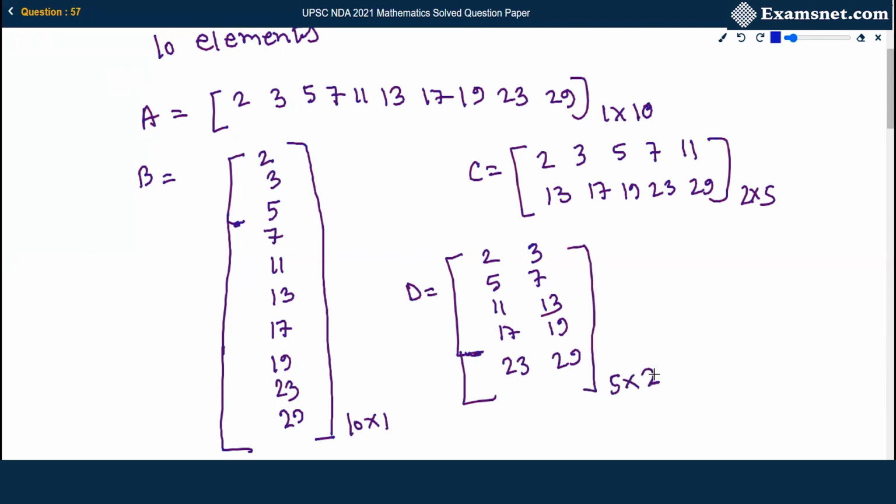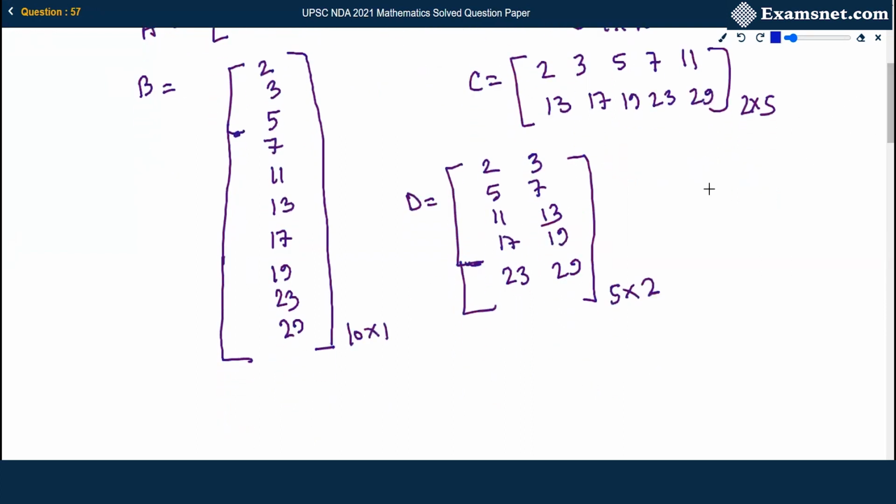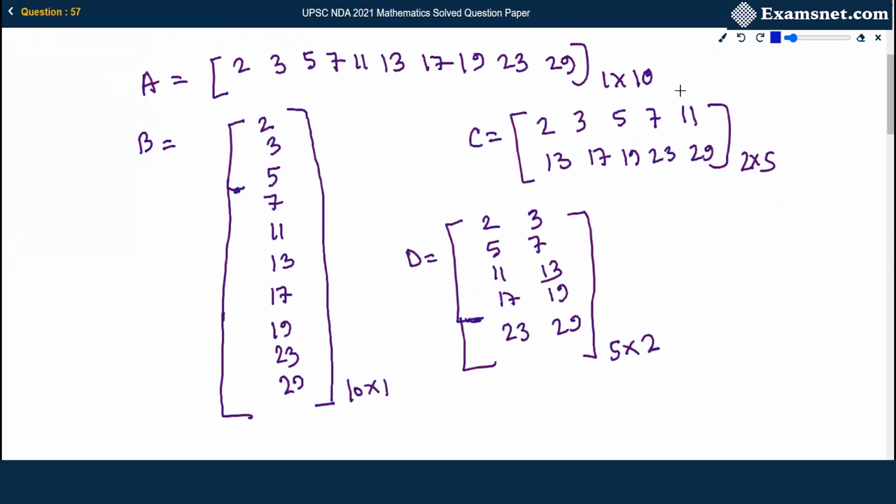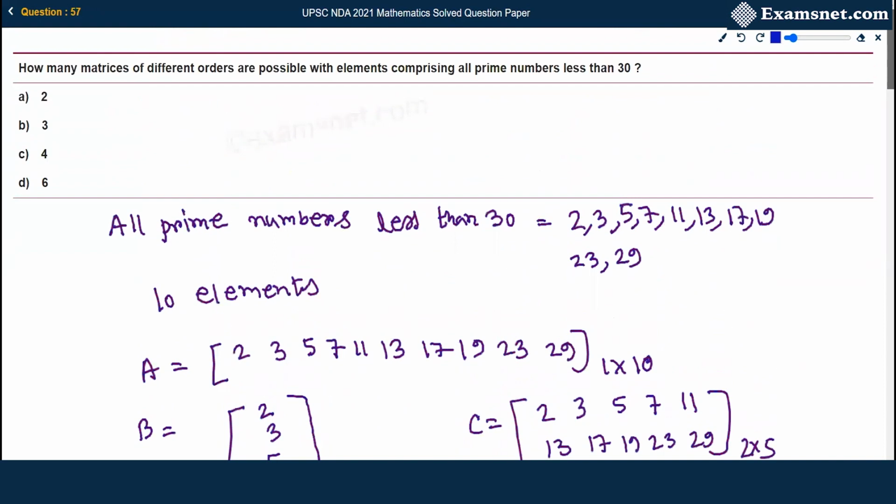Here we are not talking about the position of the elements. Our aim is just to comprise all 10 prime numbers in such a way that we can form matrices of different orders. So these are the 4 possibilities: different orders like 1 by 10, 10 by 1, 2 by 5, and 5 by 2. These are the 4 possible matrices that can be formed comprising all the prime numbers less than 30, of different orders. So here option C is the correct answer.